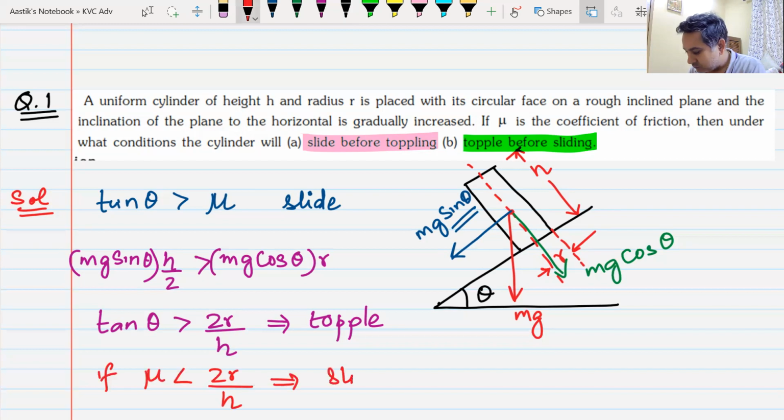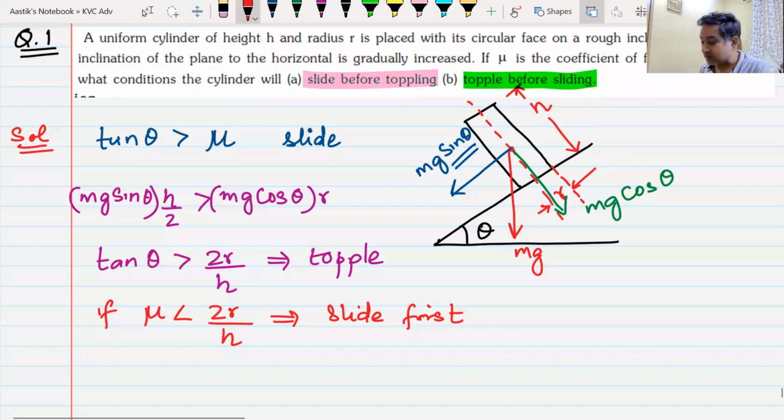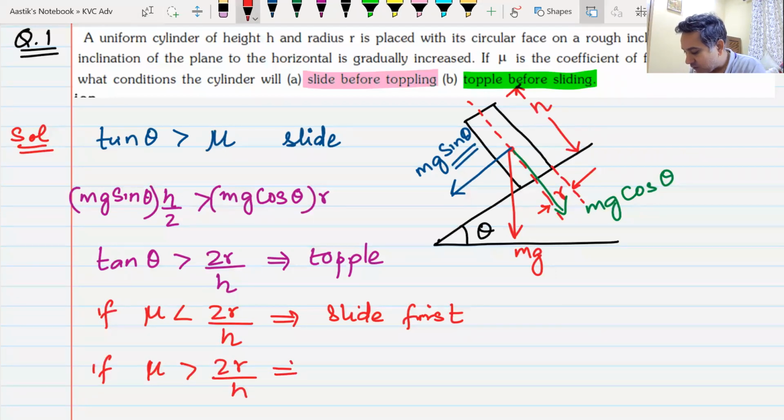If your mu is greater than 2r by h, then it will topple first. Do we understand this? Yes, sir. If both are equal, then it will slide as well as topple together. Do we understand this? Yes, sir.